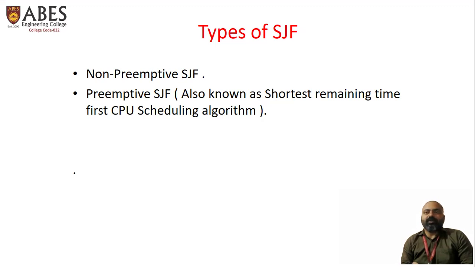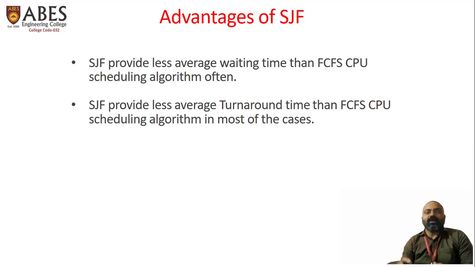In non-preemptive SJF, this is a simple SJF, there is no preemption at all. In preemptive SJF, processes will be preempted from time to time according to their remaining burst time. In this video lecture, we will cover non-preemptive SJF, and for SRTF, we have another lecture.